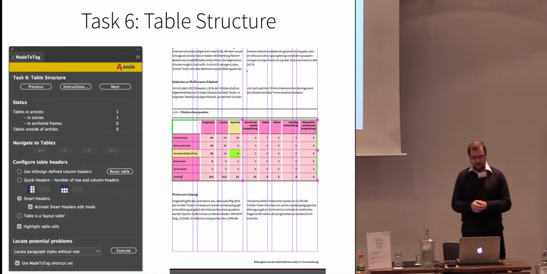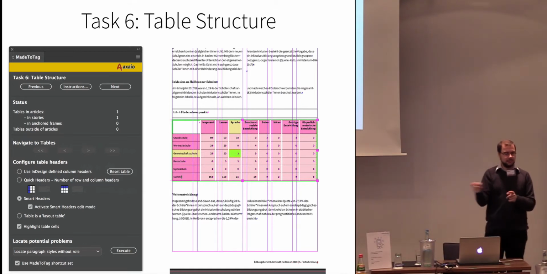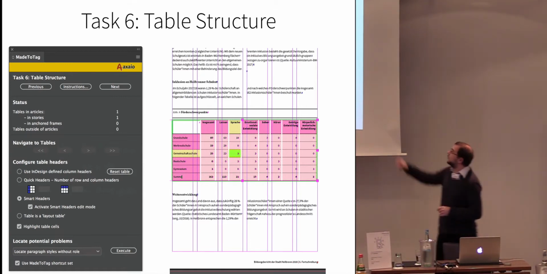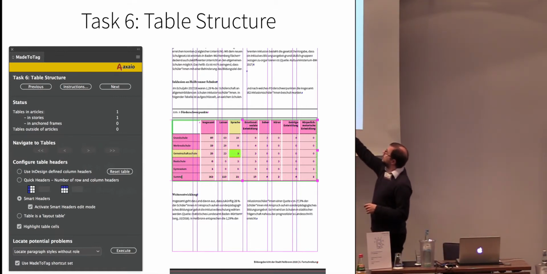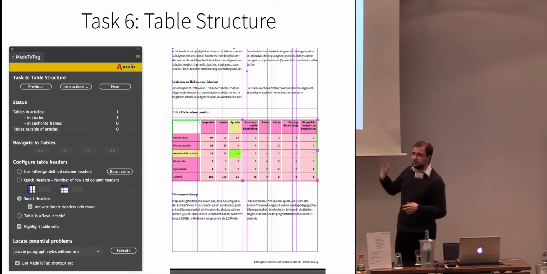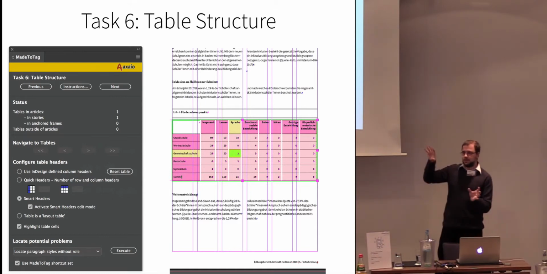In MadeToTag you can also set quick headers, which are table row headers and table column headers, like in a calendar. You see it here, the green one is Gemeinschaftsschule, so school and language, and you have your data for both elements.